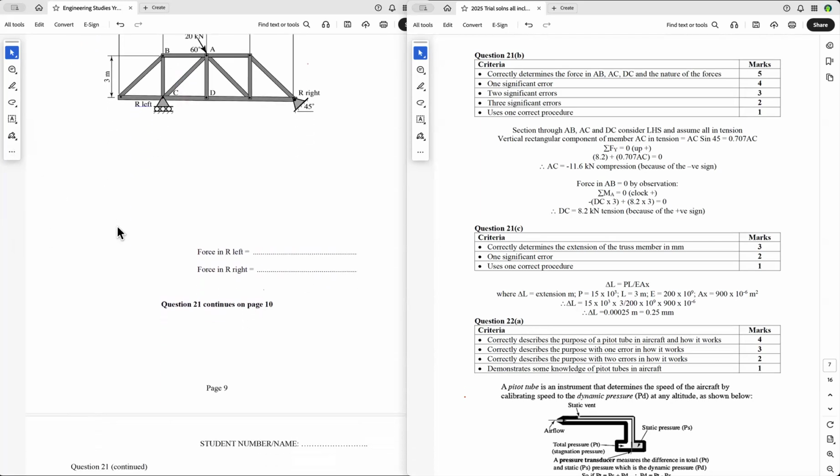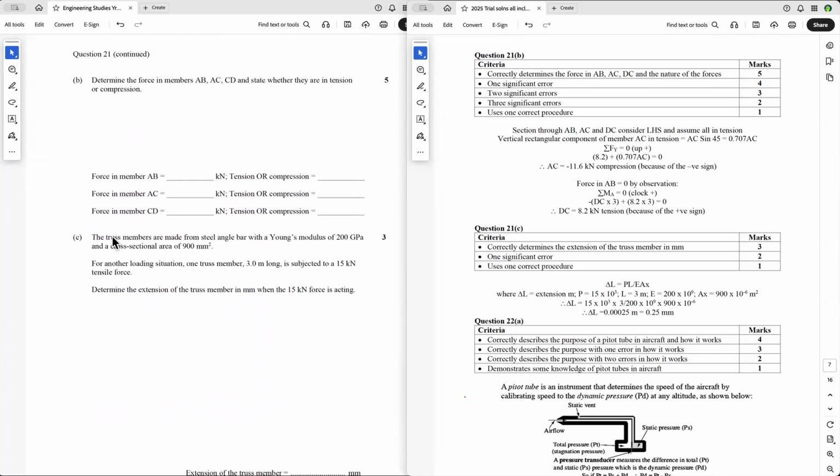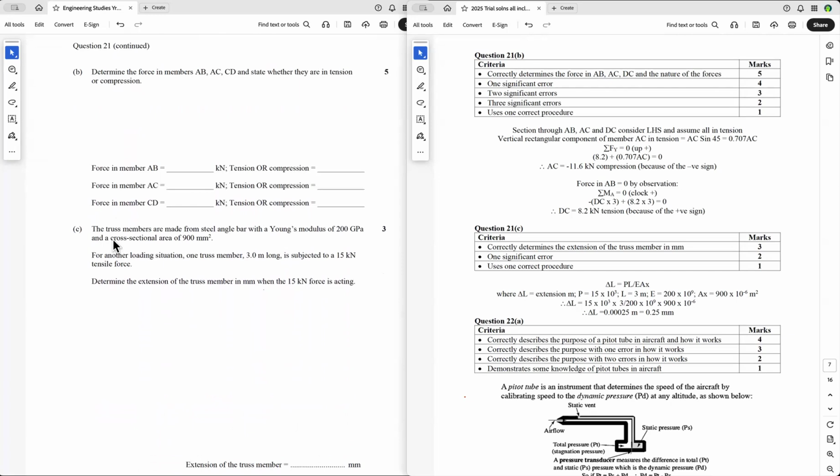Now, the next question is 21C. The truss members are made from steel angle bar with a Young's modulus of 200 gigapascals and a cross-sectional area of 900 millimeters squared. For another loading situation, one truss member is 3 meters long and is subjected to a 15 kilonewton tensile force.